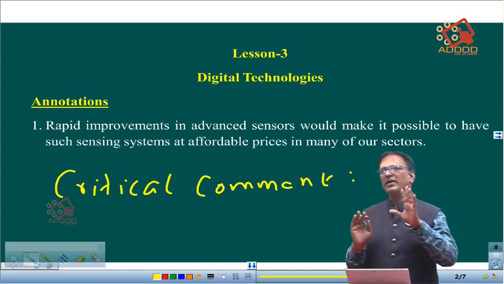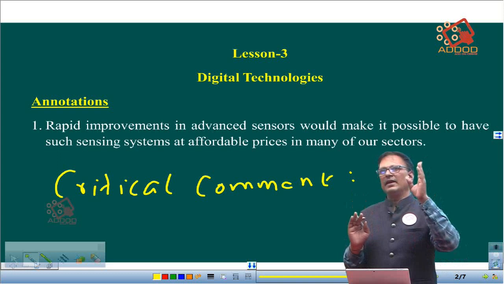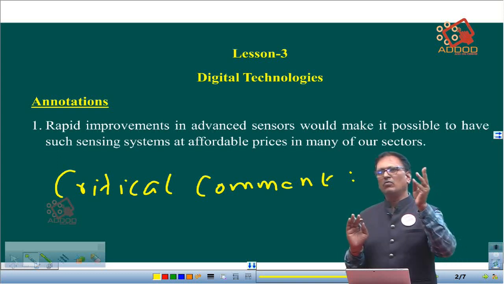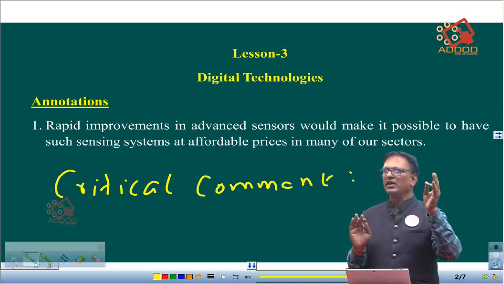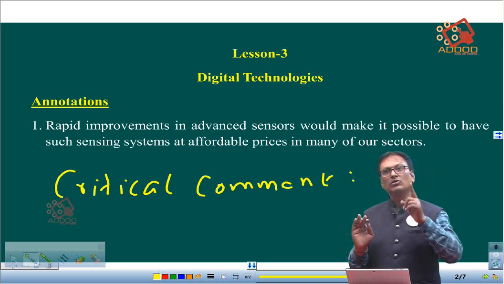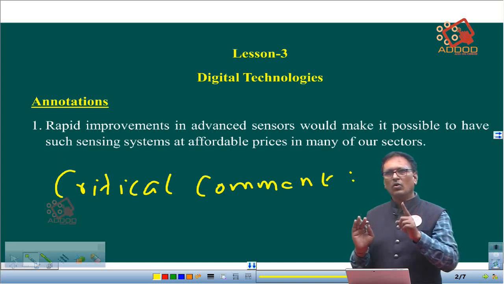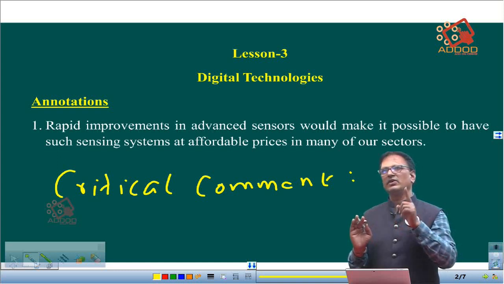So in annotations, the introduction, if you write as it is from any guide or model paper, no problem. Similarly, meaning, no problem. But coming to the third important part of annotation, critical comment, you are going to use your own views and your own understanding. This is very important.